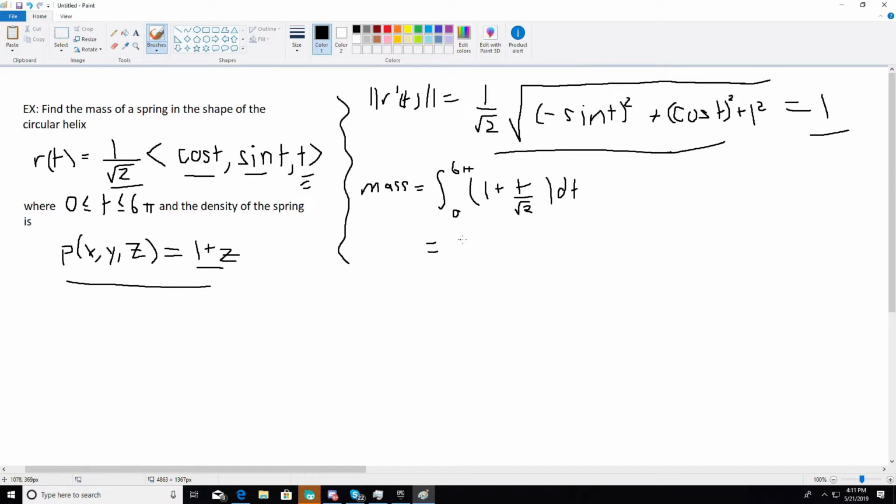And now we just solve like normal, and you'd get t plus t squared over 2 radical 2, solved from 0 to 6 pi.